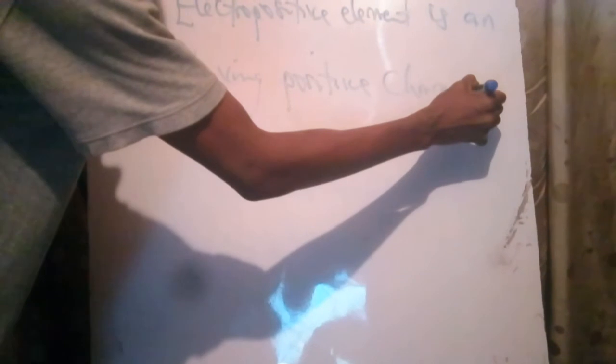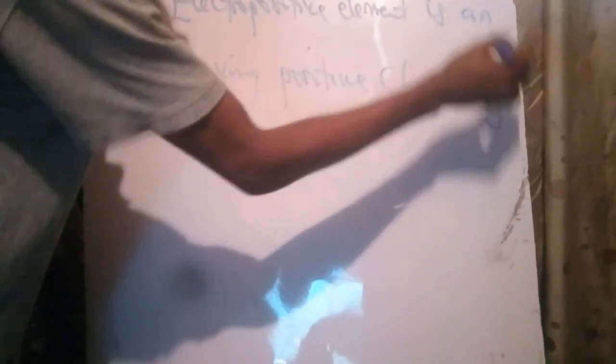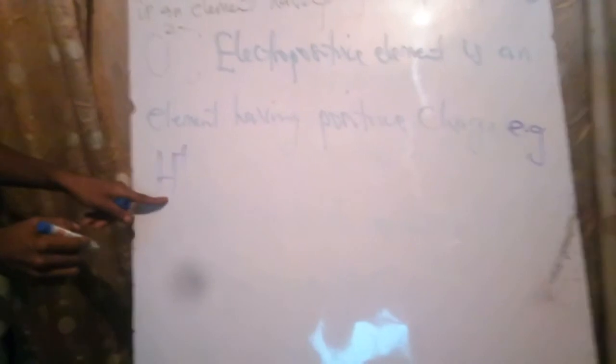Having a positive charge. An example is, just like the example we have here, our Mr. Hydrogen. Hydrogen plus is having a positive charge, so it's an electropositive element.